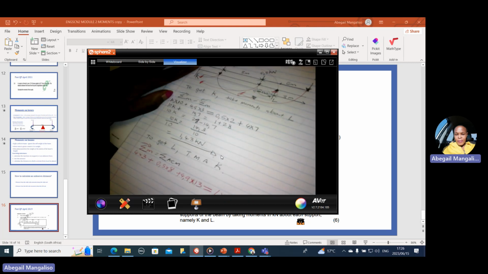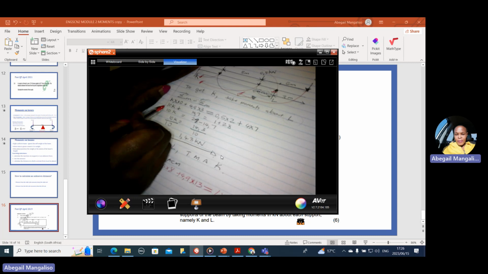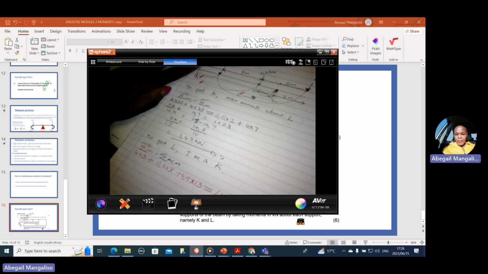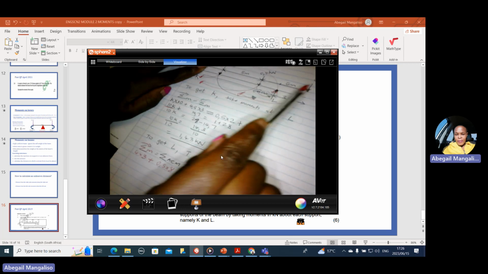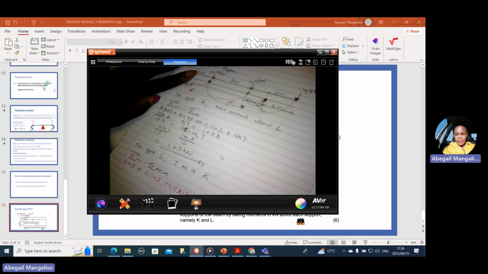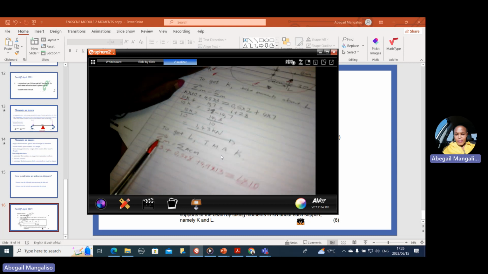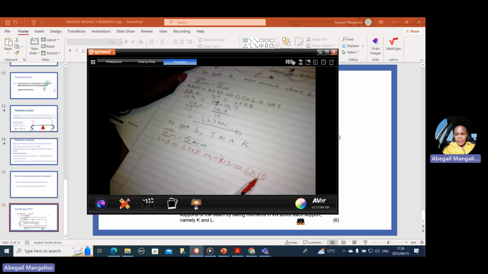It will be L times 10. When this one is fixed, 1, 2, 3, 4 are free to rotate the structure. Even the set of moments will be 1, 2, 3, 4.